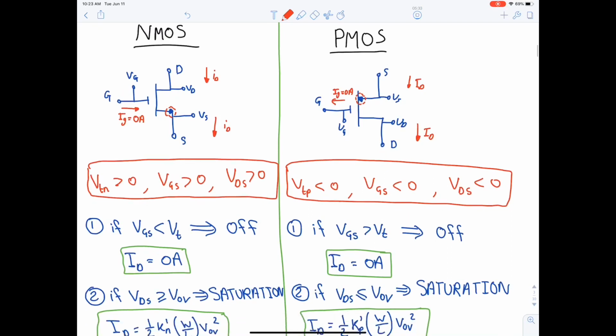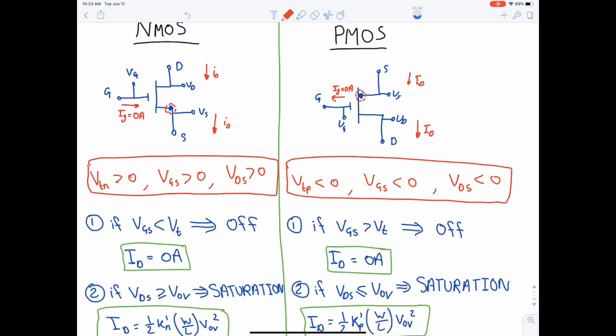The voltage drop between this point and this point is called VDS. The voltage drop between this point and this point is called VDG. And the voltage drop between this point and this point is called VGS. Now here, in PMOS, I'm going to keep the naming conventions the same. I will not swap the letters.